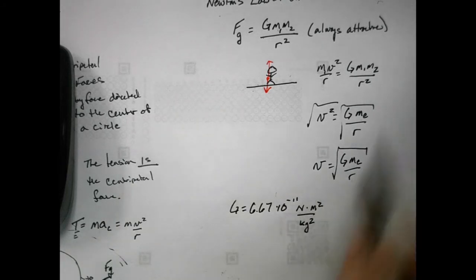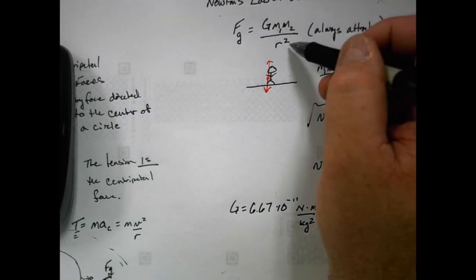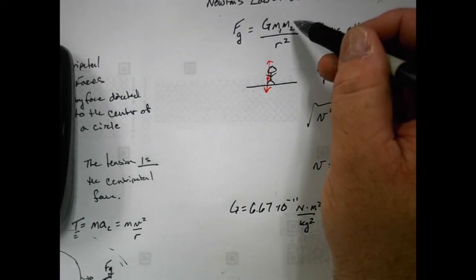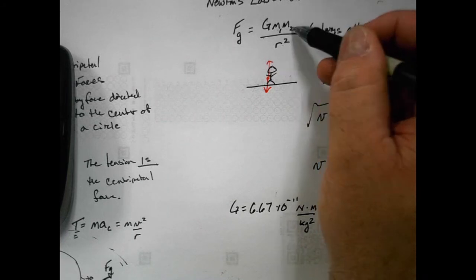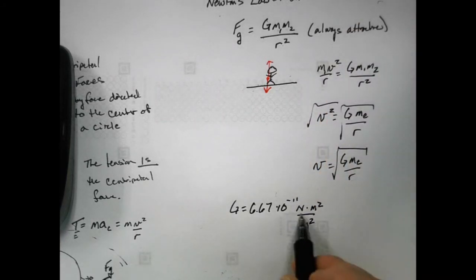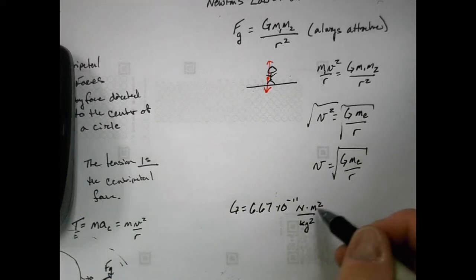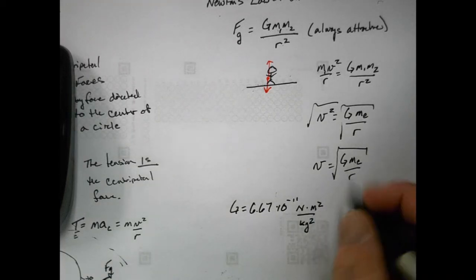Because this gives us force, we need newtons in there, and it's meter squared on the bottom with kilogram squared. We have meter squared here and kilogram squared up here, so we need to cancel those out in that. If you were to look it up, you'll have different units on there that give you other cancellations with meters and kilograms.